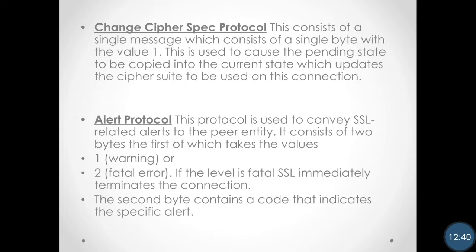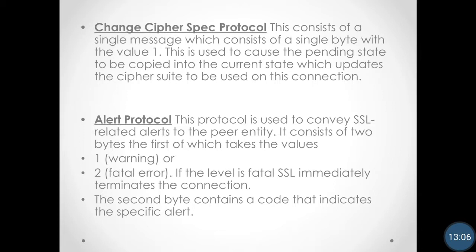After that, the alert protocol. Alert protocol is used to convey SSL related alerts to the peer entity. It consists of 2 bytes, the first field is level and the second field is alert. The level field contains two values, 1 or 2. 1 is for warning and 2 is for fatal error.